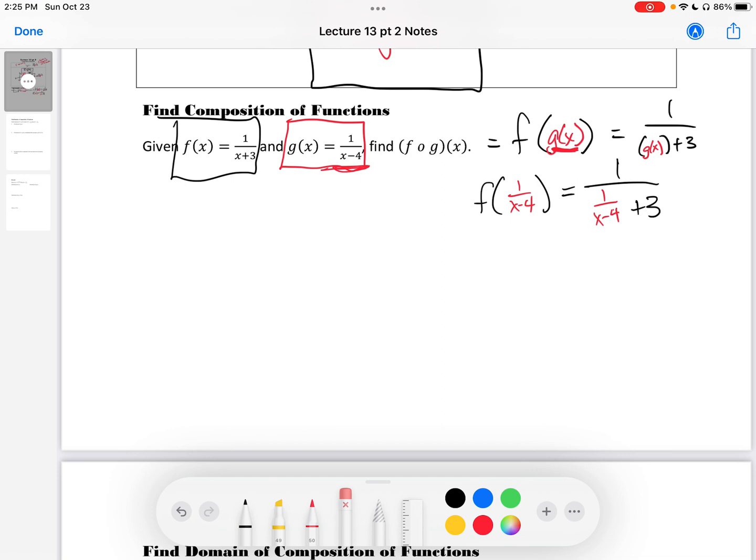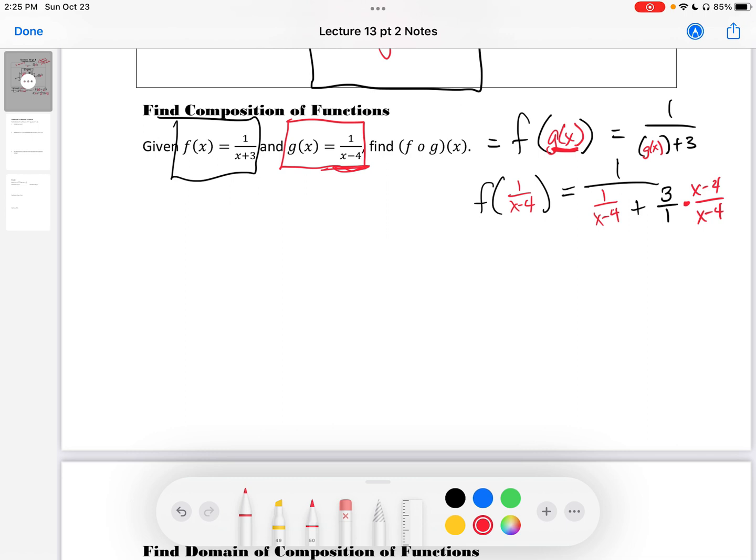And now we just need to simplify. Now, last year when we did these, we did a lot where it was just distribute and then combine like terms. These are going to be a little bit more difficult. So if I'm trying to simplify this, I need to remember that that 3 is really just a 3 over 1, and we need to get a common denominator. So I would want to multiply this times x minus 4 over x minus 4.